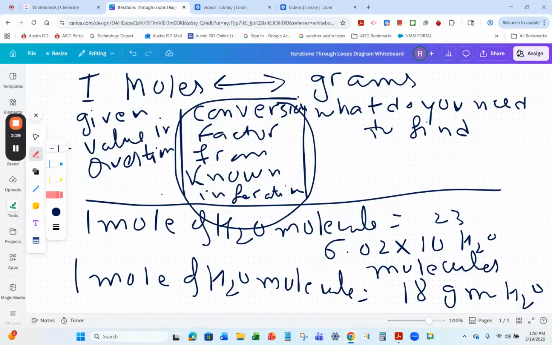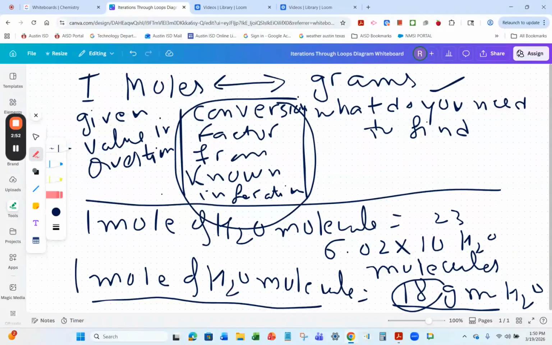I said we're going to start with moles into grams. So I'm going to use this known information, 1 mole of water molecule and its standard molecular mass, molar mass. If it's an atom, you directly use the periodic table and figure out the atomic mass of the element in the given periodic table. But if it's a molecule, we have to first find the molar mass.